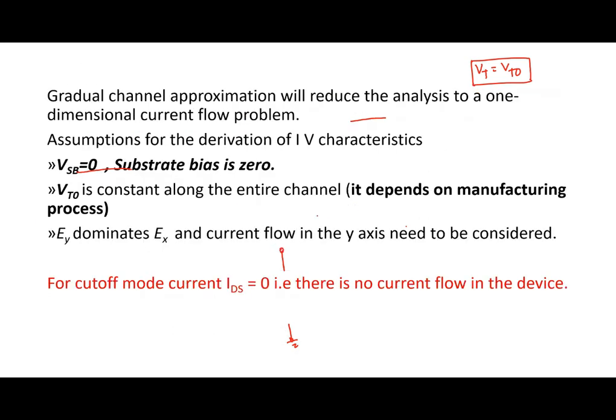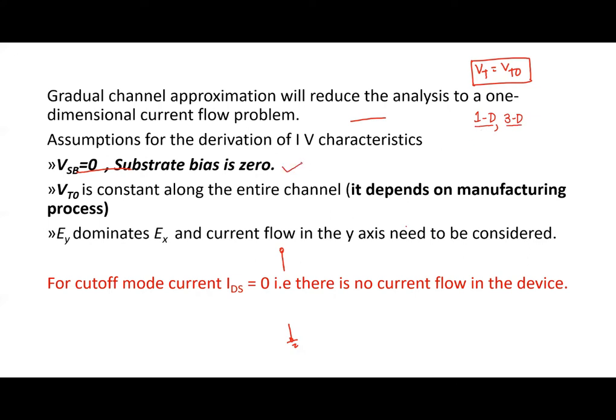There are certain reasons why we are using GCA, gradual channel approximation, because it reduces the analysis to a one-dimensional current problem, because it's a 3D thing, and if we go from 3D to 1D, things become quite easy.